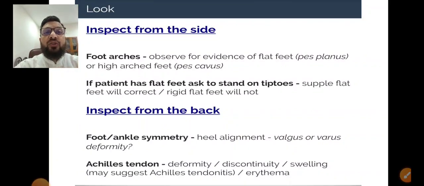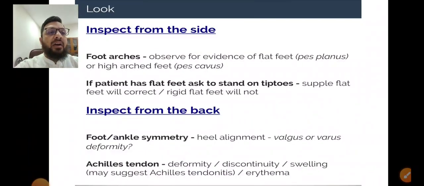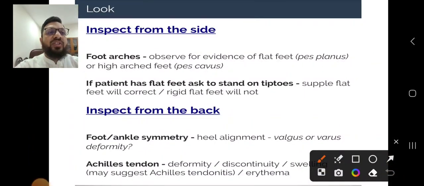From the front, you will tell the patient, I am going to have a closer look at you. And then you observe for evidence of flat feet. Obviously there will be pes planus or pes cavus, and you will look for that.